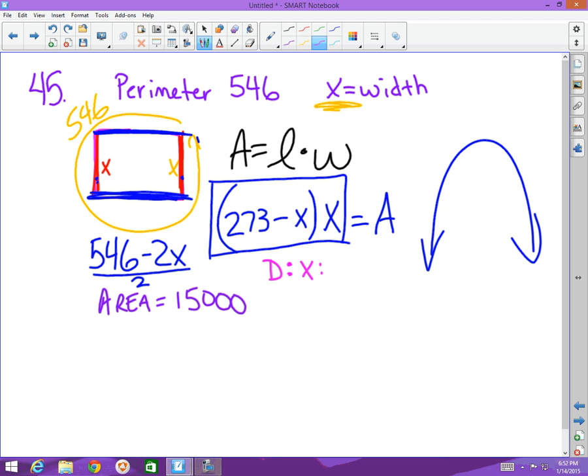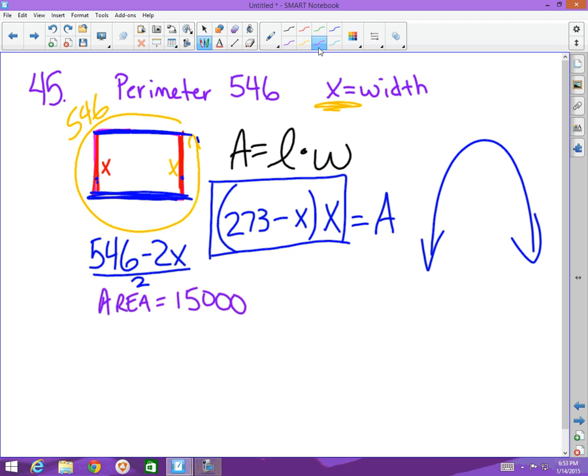Because the biggest that the value for the x can be is 273. It can't be 273 because 273 minus 273 is 0, and you can't have a length of 0 or a width of 0 for that matter. So x has to be less than 273, and it has to be bigger than 0.